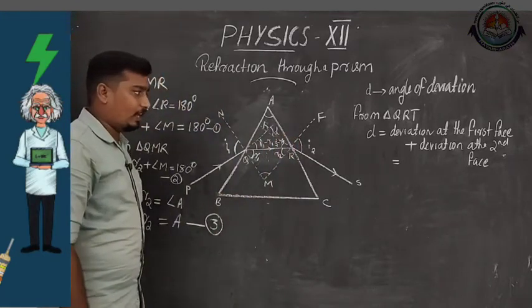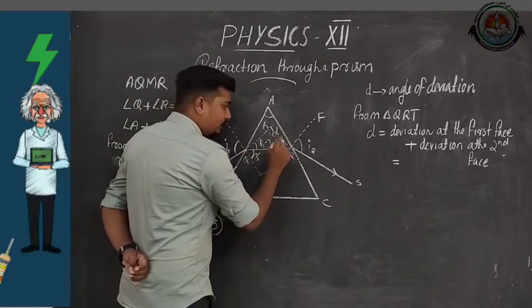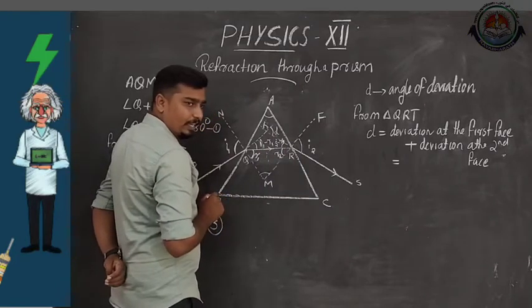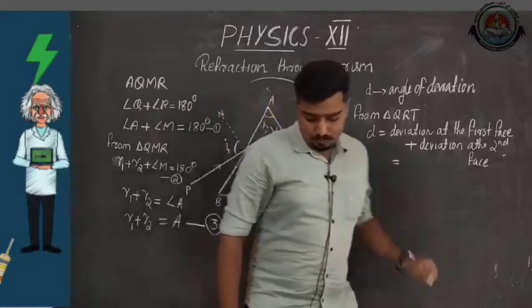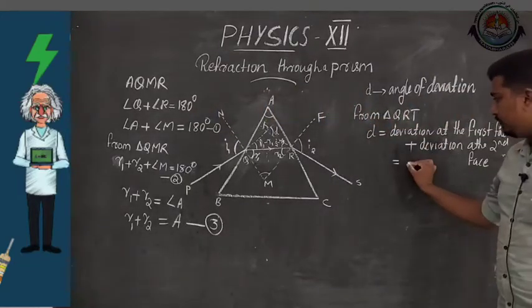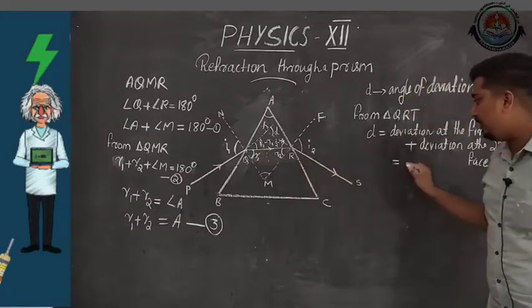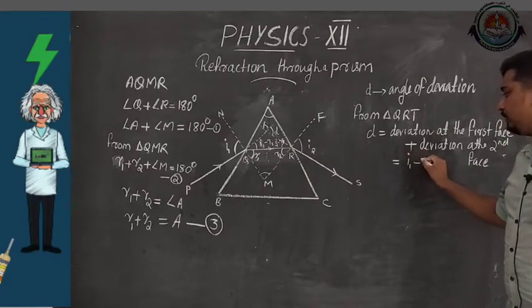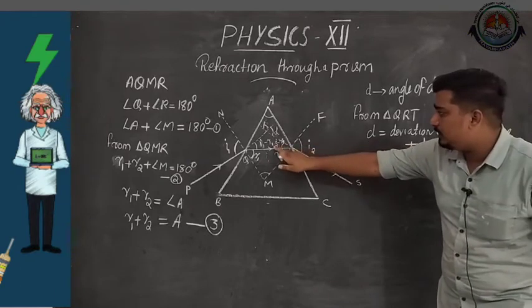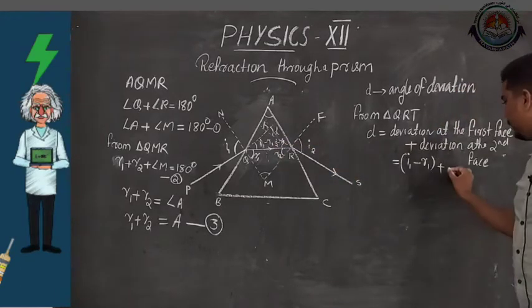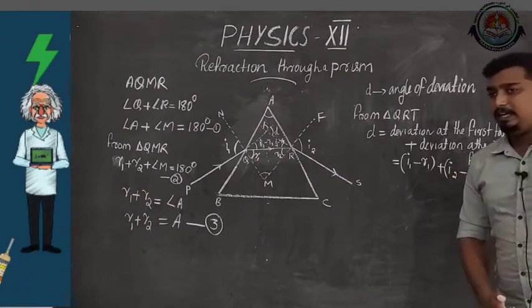Therefore, the deviation D equals the deviation at the first phase, I1 minus R1, plus the second deviation value, I2 minus R2.